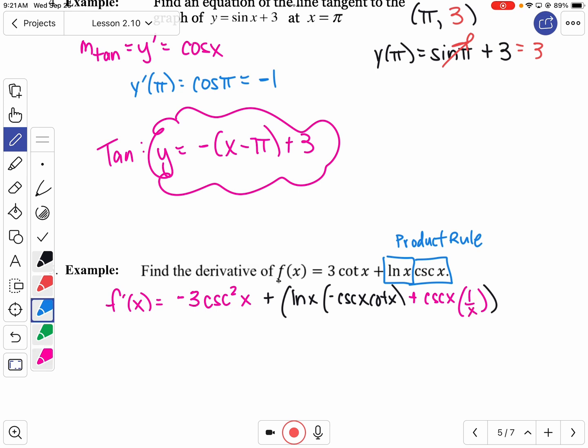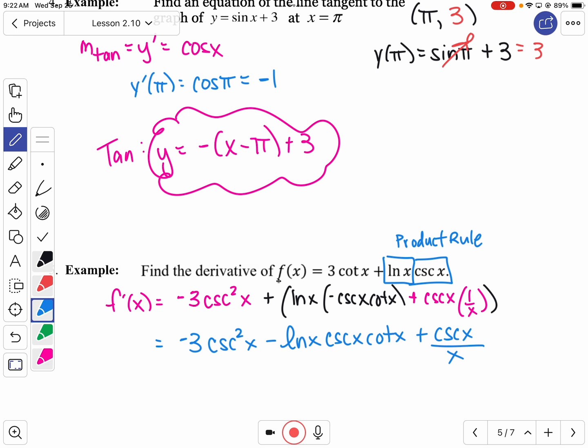Now, I'm just going to try to simplify where I can. So I have negative 3 cosecant squared minus the natural log of x times cosecant cotangent plus cosecant all divided by x, all right?